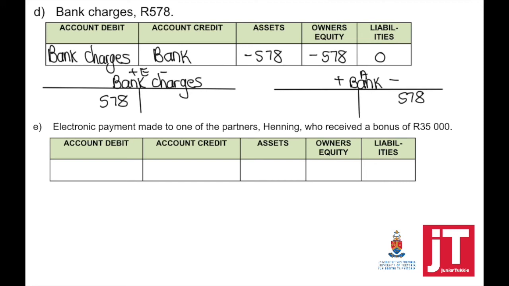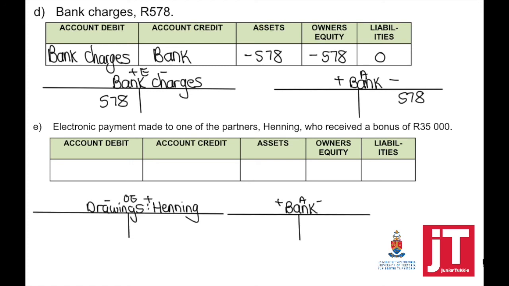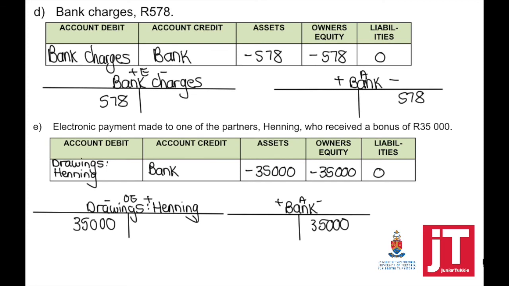When a partner receives his bonus, it means that bank and drawings is involved. Very important to write the name of the partner. Account credited, bank, account debited, drawings. Effect on our accounting equation, assets minus, because a payment was made, owner's equity minus.